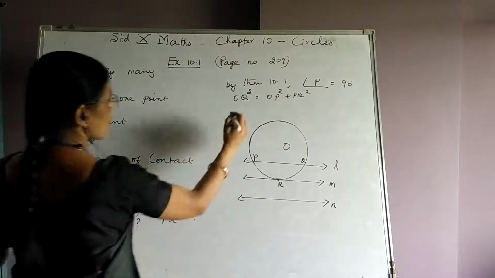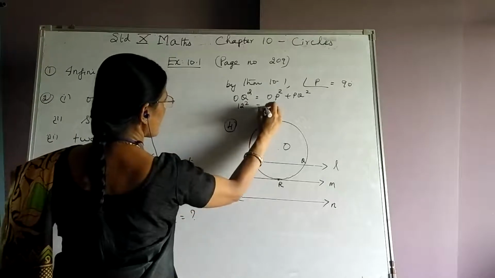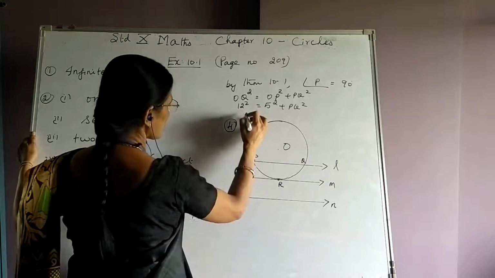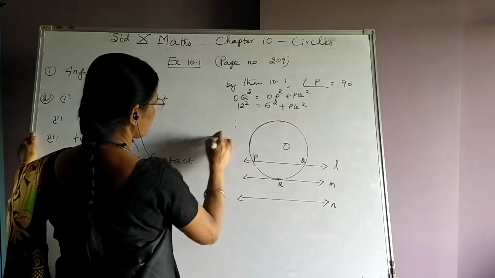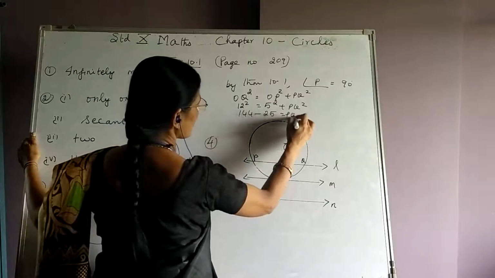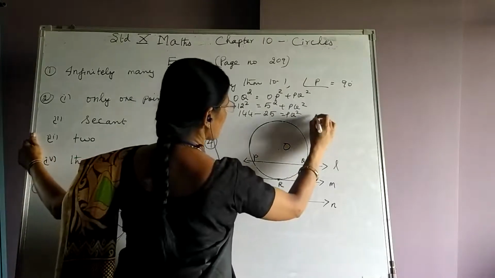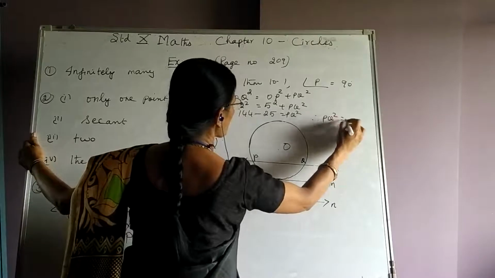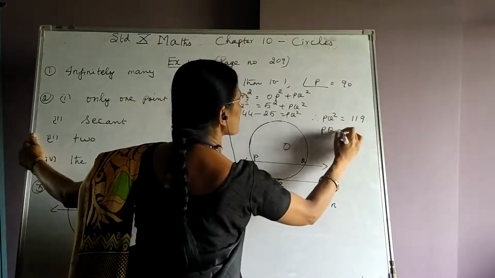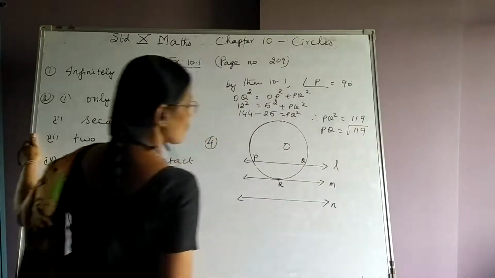OQ is given as 12. 12 square is equal to 5 square plus PQ square. 12 square is 144. 144 minus 25 is equal to PQ square. So subtracting will get PQ square is equal to 119. Therefore, what is PQ? PQ is root of 119.